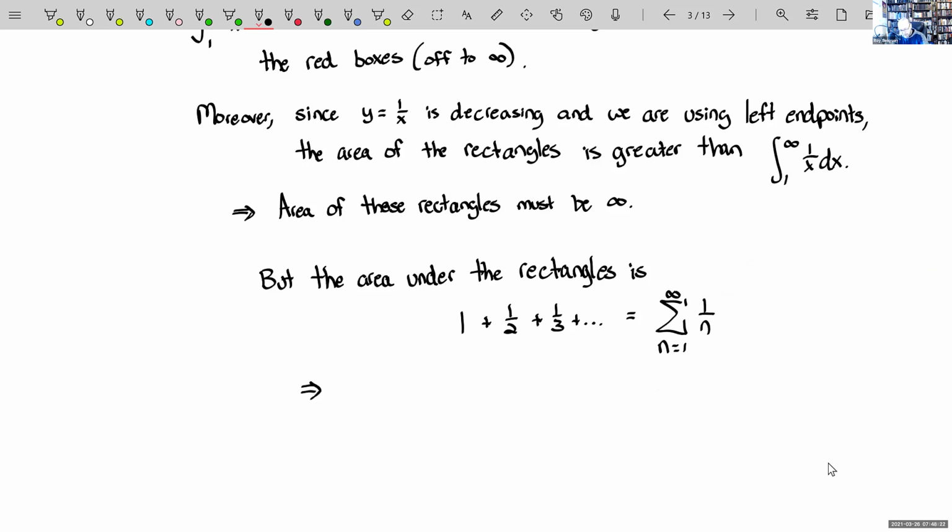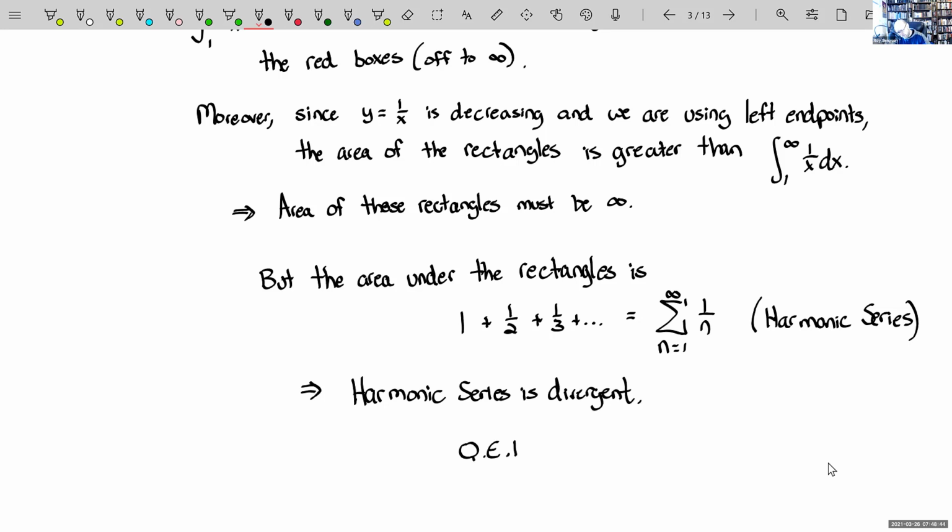That's the harmonic series. So that implies the harmonic series is divergent. QED. All right, so there we go. We now have a pretty strong proof.